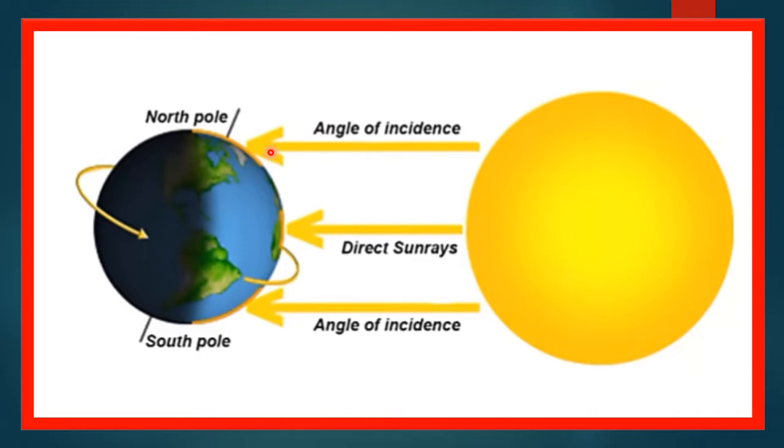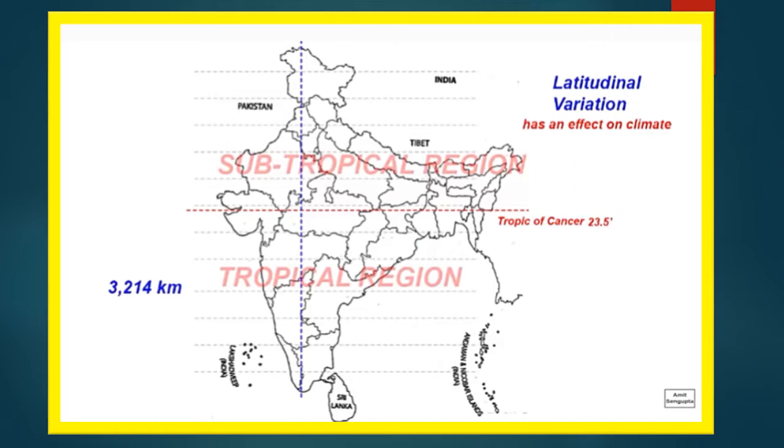So children, if we look at the total length of India from north to south, it is 3,214 kilometers. With this huge land mass, what happens? There is a huge latitudinal variation, which in turn has an effect on our climate.